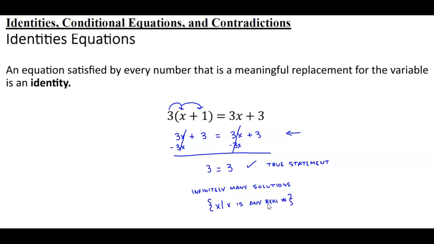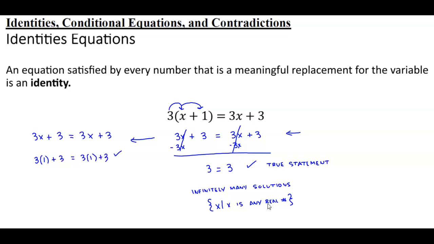And why is that? If we come back to this statement, 3x plus 3 equals 3x plus 3, if you pick any value in for x, both sides are going to be equal to each other. So let's say I put in x to be 1: 3 times 1 plus 3, does that equal 3 times 1 plus 3?